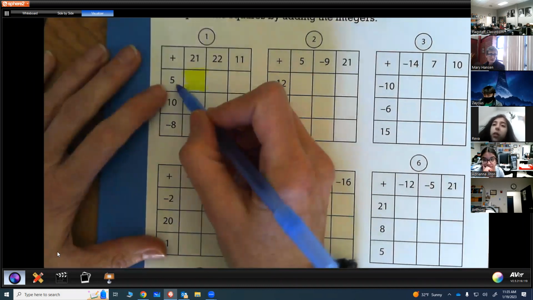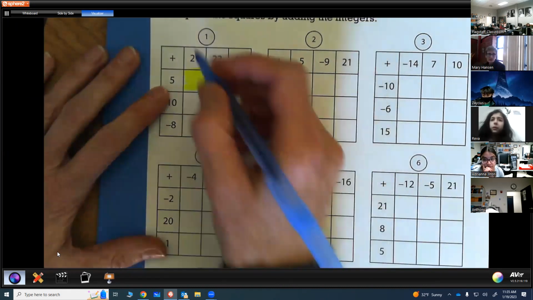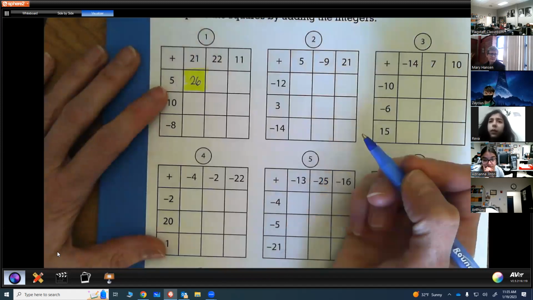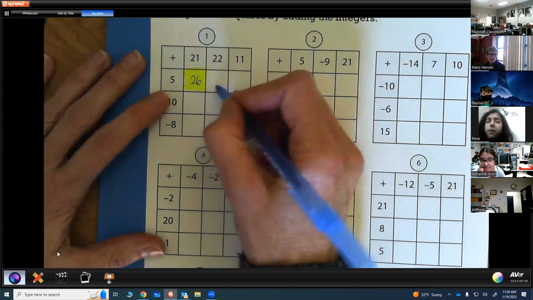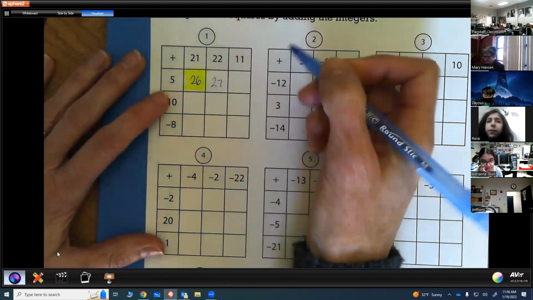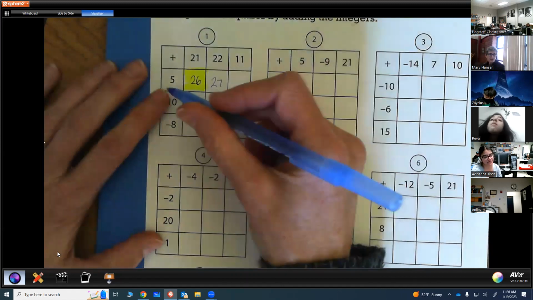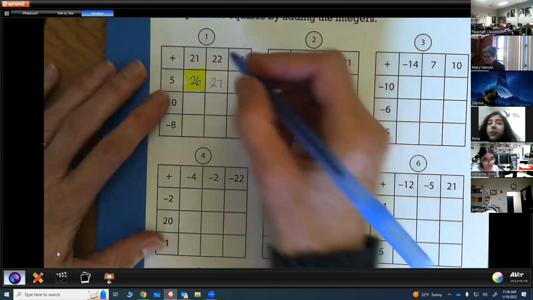So this is an addition square. So I add 21 plus 5 and I get 26. If I move to the right, I add 5 plus 22 and get 27. To fill in this last one in this row, I add 5 plus 11 and get 16.